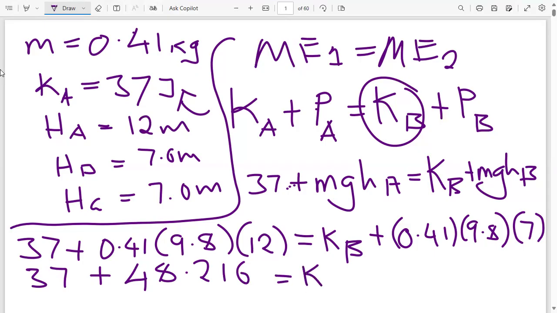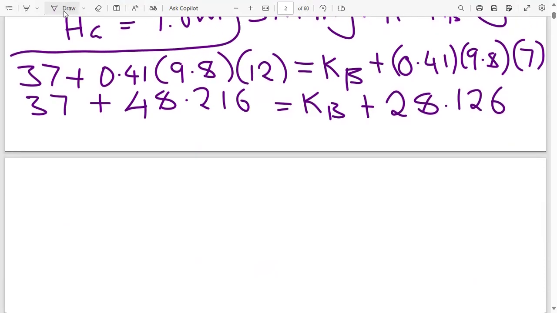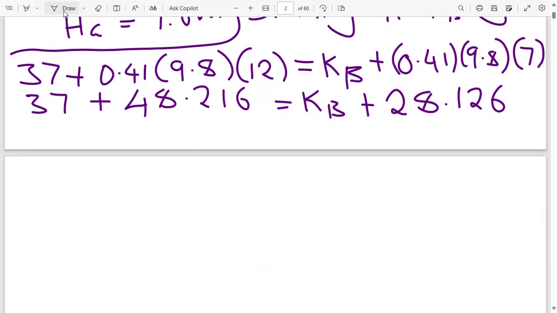This will be equal to kinetic energy at point B plus, I punch again, 28.126. Okay, so this is the simplified version of the equations that I have on top. I'm going to scroll down a bit.